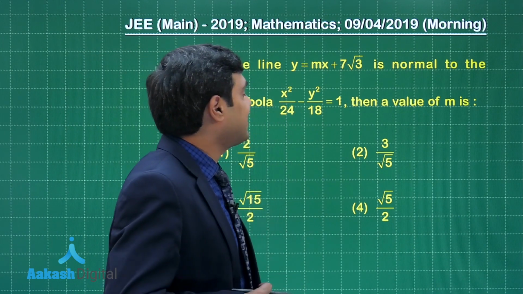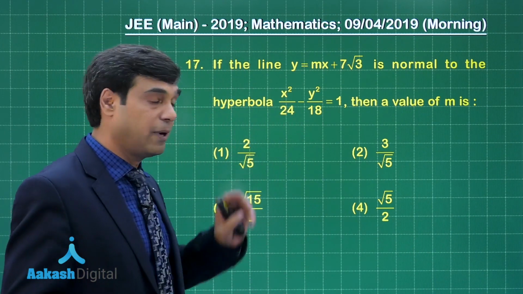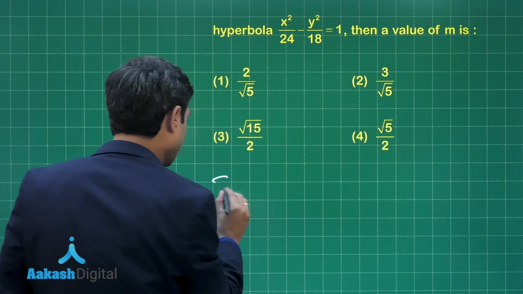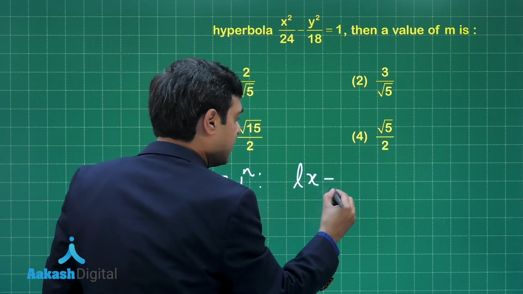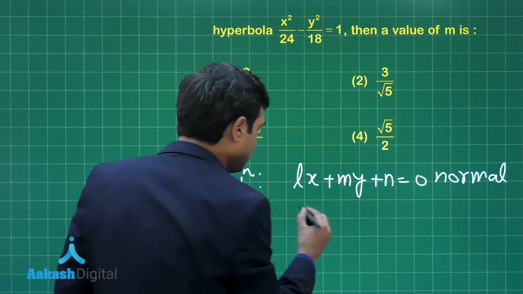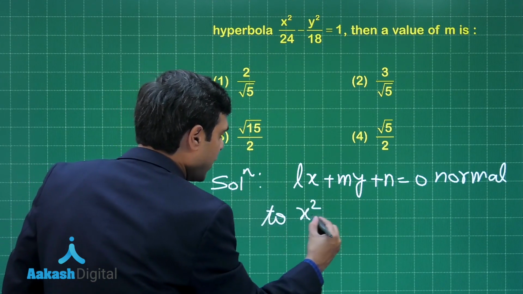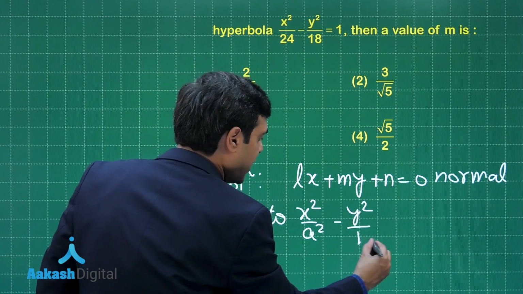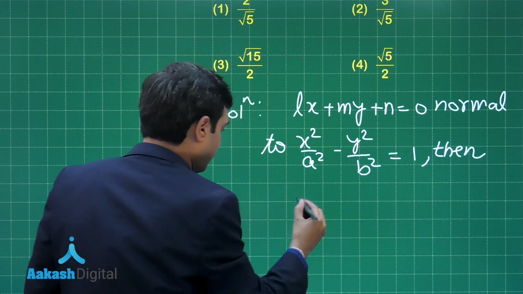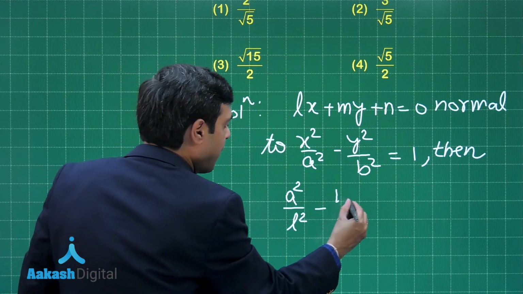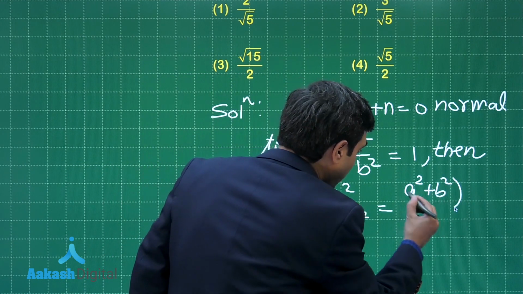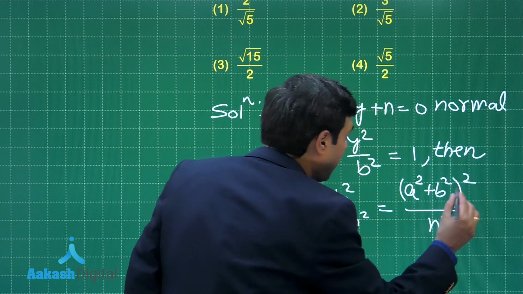If the line y = mx + 7√3 is a normal to the hyperbola, then a value of m is... See, if you have a line like lx + my + n = 0, normal to the hyperbola x²/a² − y²/b² = 1, then the simple condition is a²/l² − b²/m² is equal to (a² + b²)² divided by n².